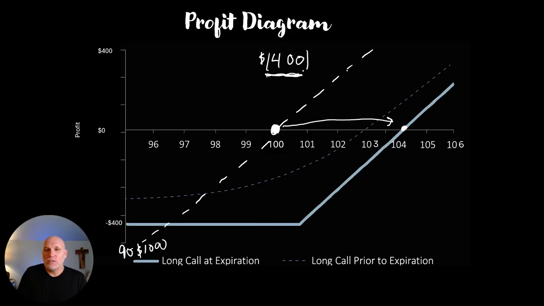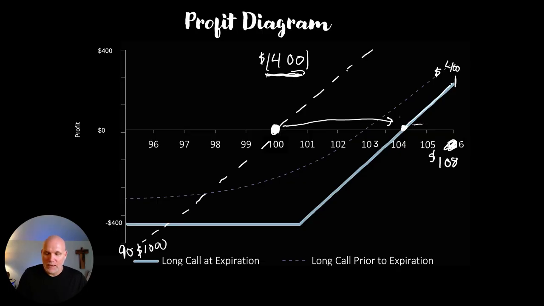I paid $400 for the call, so the stock needs to move at least to 104 to overcome the premium. If I move beyond that, then I'm making money. So let's say this is $108. At this point, at expiration, the stock is 108. I have made now $400 because I paid $400 for it.